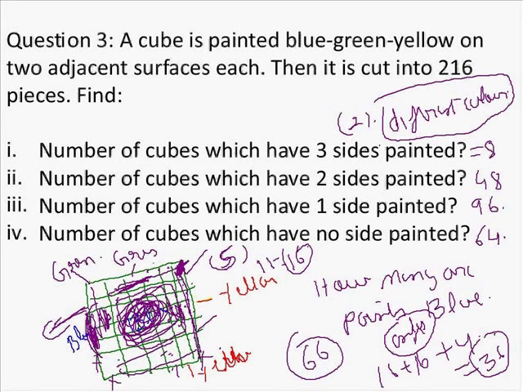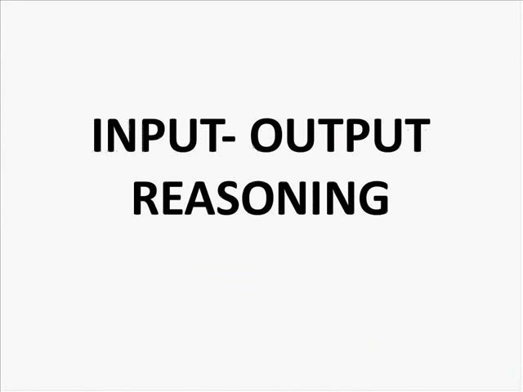Okay. Now we come to the next concept. Input output has been coming. You may have observed this. This has come in Narsi Munji 2 and this has come in IIFT 2. So you want me to teach input output or you don't want me to teach input output?